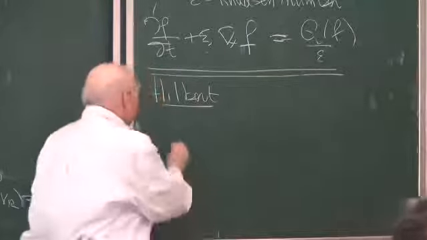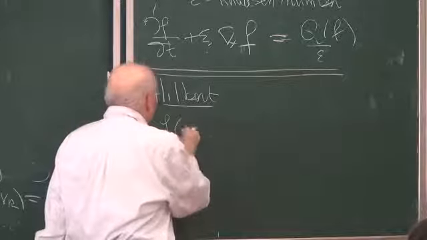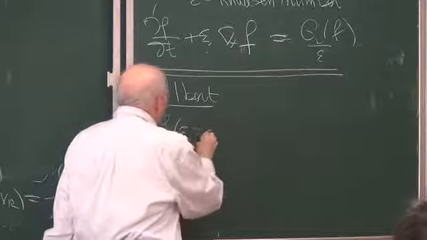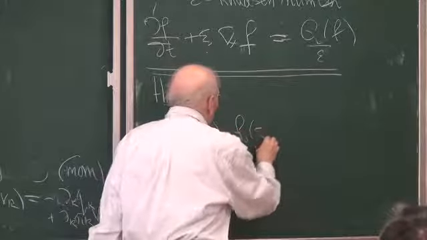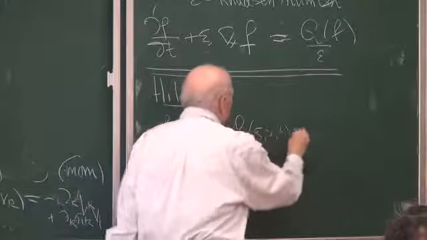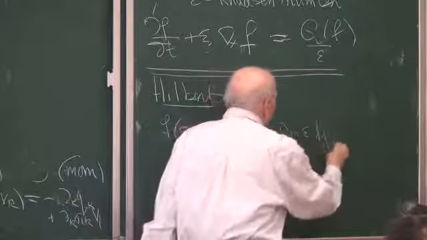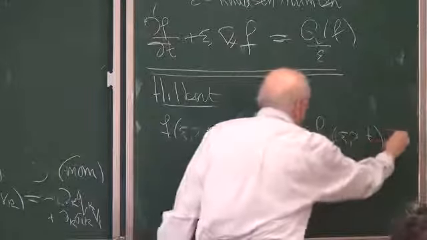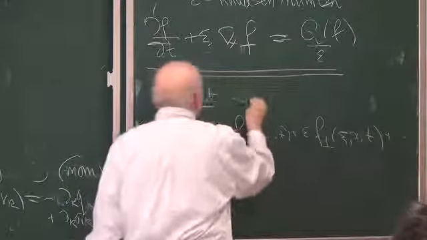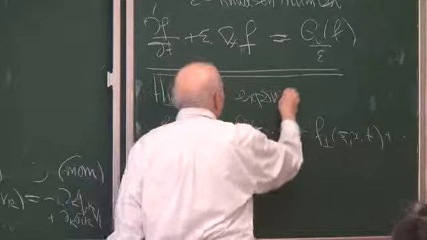So Hilbert thought, let's write f of x, t, and we'll write it in the following form, plus dot dot dot, and this is of course called the Hilbert expansion.